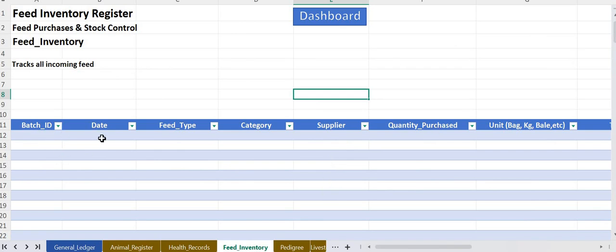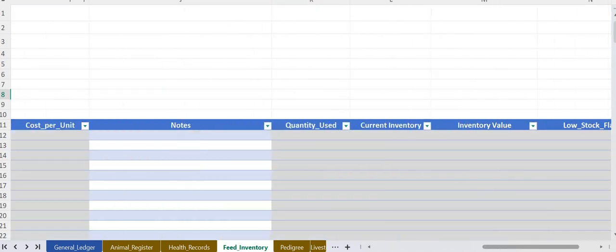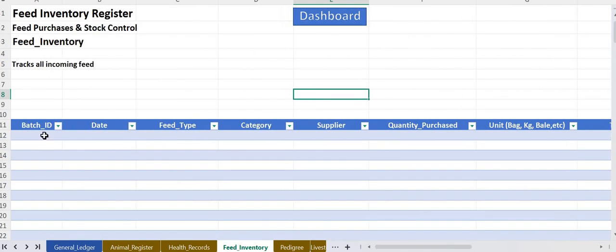So on the feed inventory register, you will see different headings, and all this is crucial information. The batch ID would probably be found on the label, or on that leaflet on the small piece of paper that is on the feed container, whether it's the bucket or the bag, whatever it is.